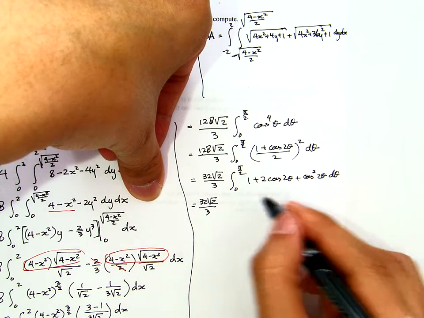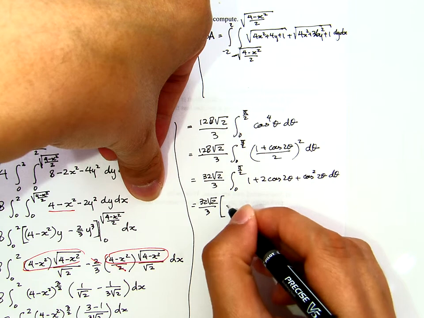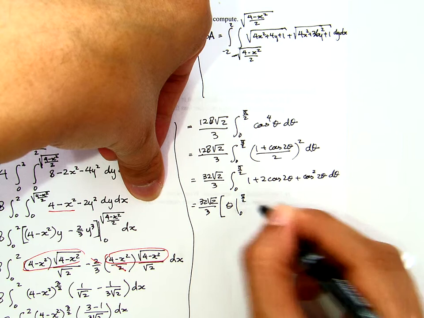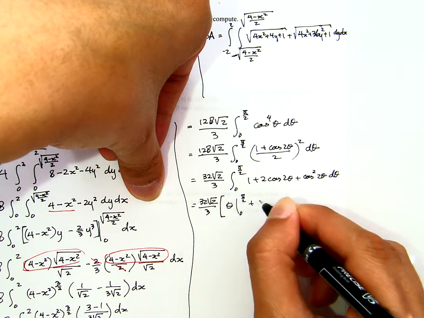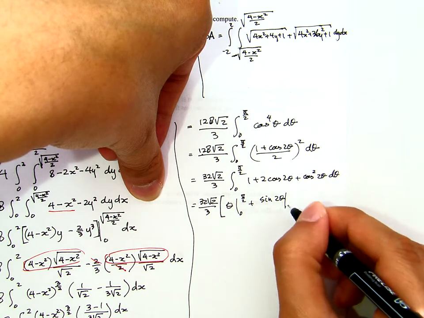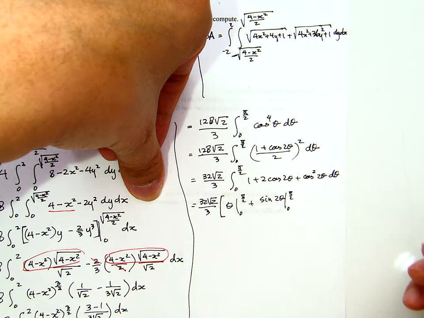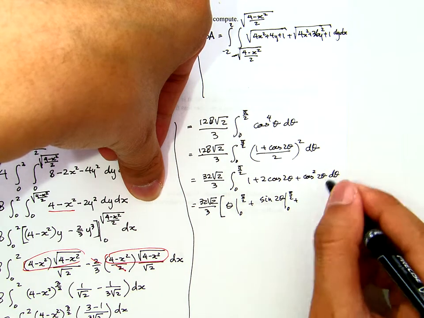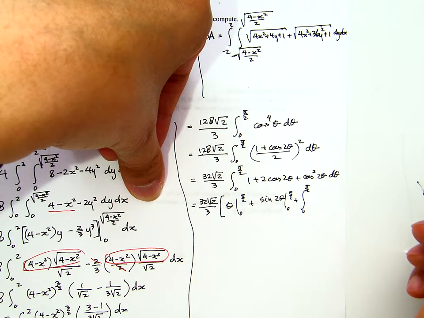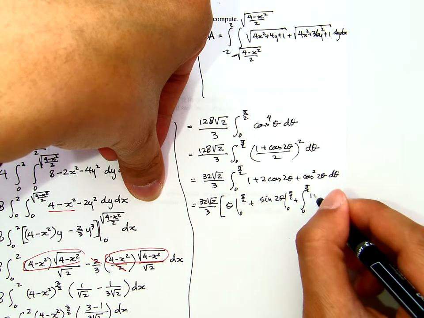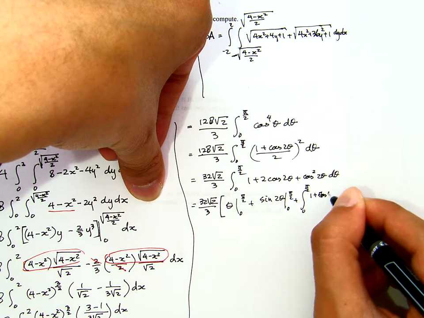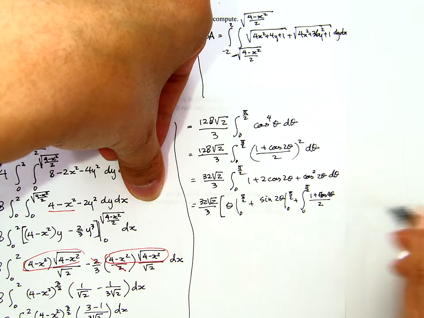If you want to integrate this right now, that's okay. Let's do it. So theta from 0 to pi over 2, right? And then plus sine 2 theta, again from 0 to pi over 2, plus, no, we can't integrate that right away, but I can do double angle again. That will be (1 plus cosine 4 theta) over 2, d theta.